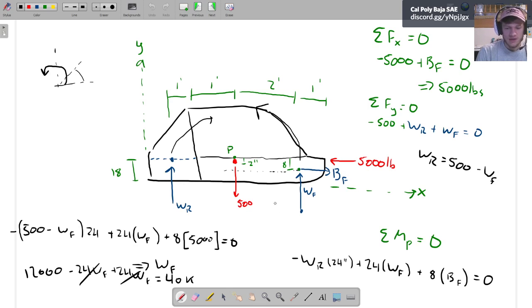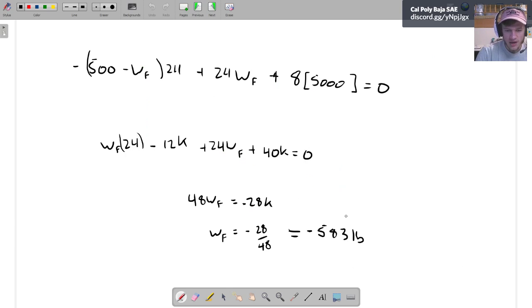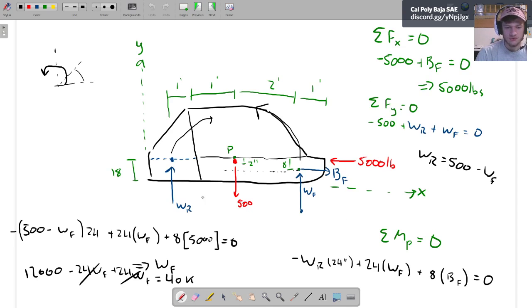In some circumstances I would redraw this force in the other direction to make everything positive, but for now, I'm going to say it's fine. So we've got that the force of the front wheel is minus 583 pounds, which means the force at the rear wheel is going to be 1,083 pounds, right? Because minus 500 plus, other way around.